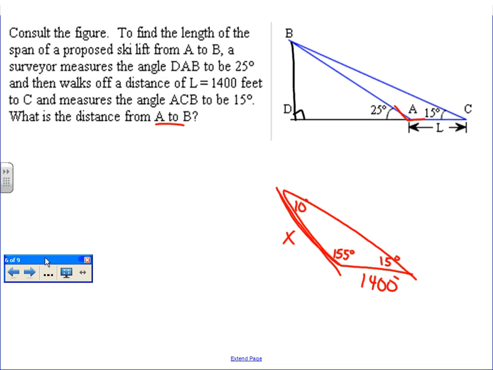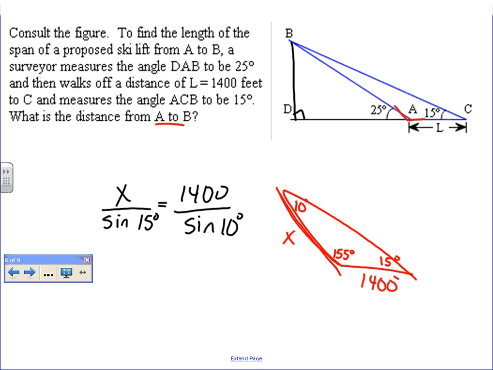We basically have angle, side, angle. So let's set up something with X. So what would I do? X over sine of 15 equals 1,400 over sine of 10.